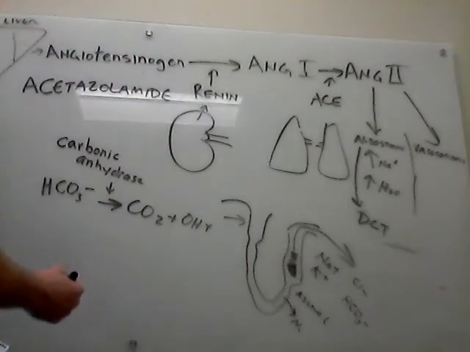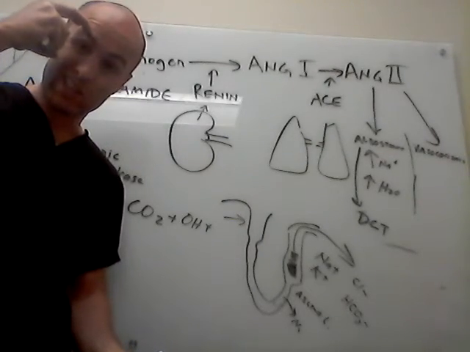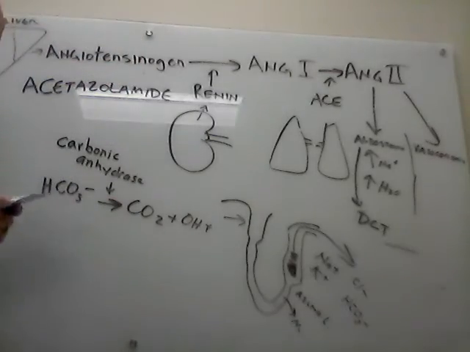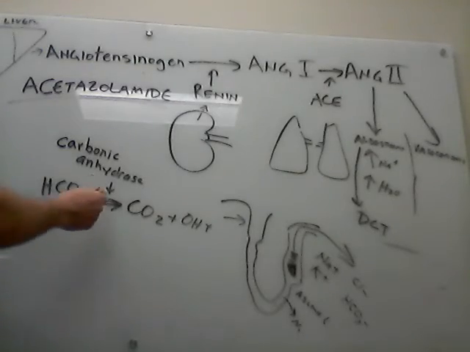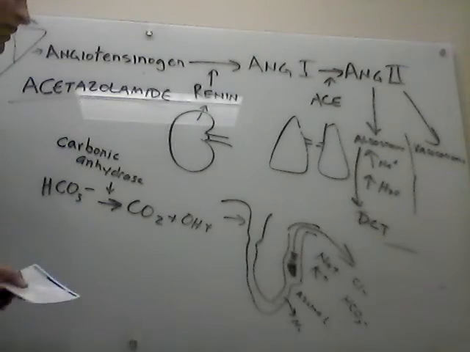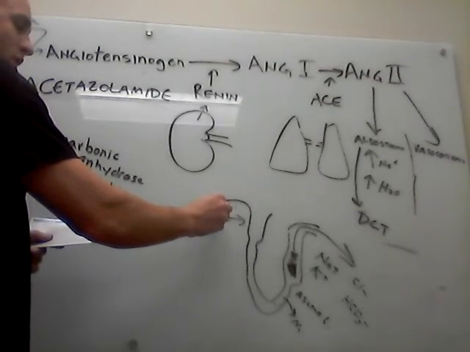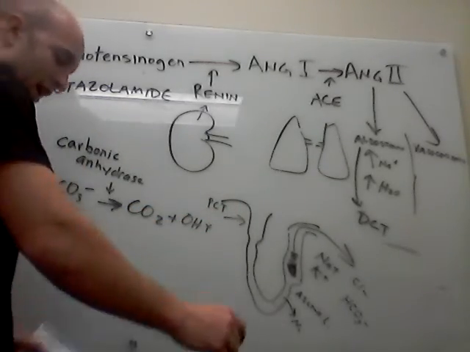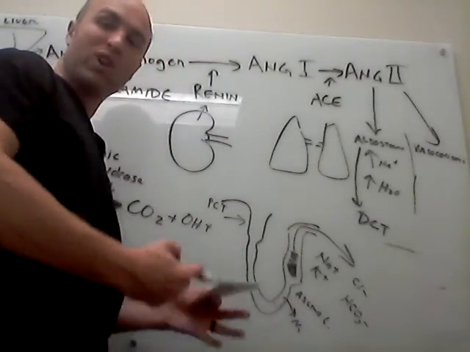Acetazolamide, when you use it in the case of glaucoma. Glaucoma is when somebody has too much fluid in their eye and it's getting so big that it could damage your eye and your vision. So in this case, use acetazolamide to mess with this whole process that involves HCO3, CO2, and OH in the proximal convoluted tubule, that essentially is going to result in, I think, the person peeing more fluid out.